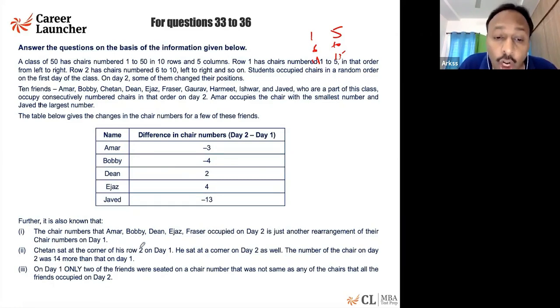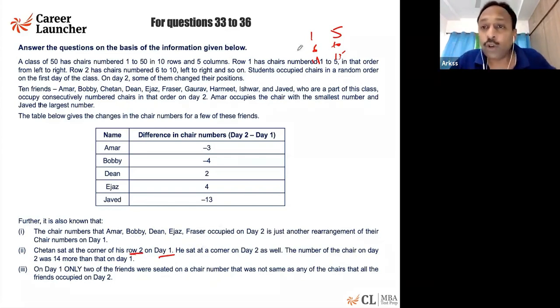Chetan sat at the corner of his row, row 2, on day 1. Row 2 corner will be 6 or 10, one of these 2 corners.